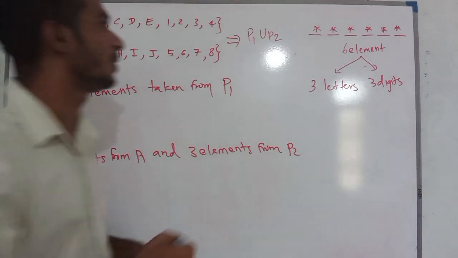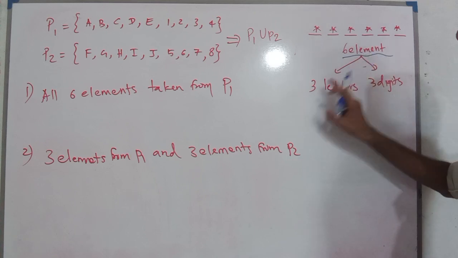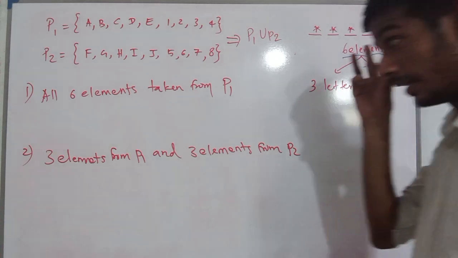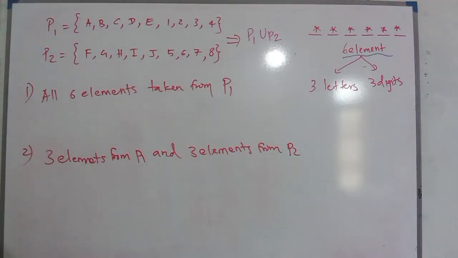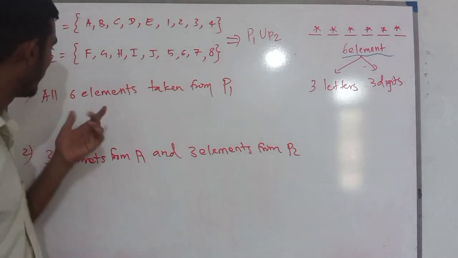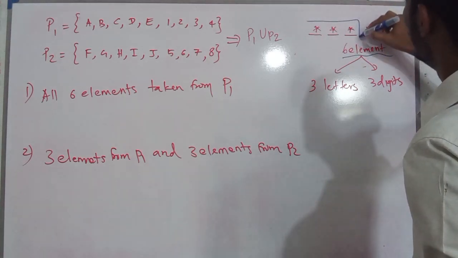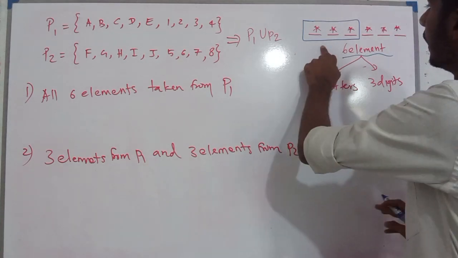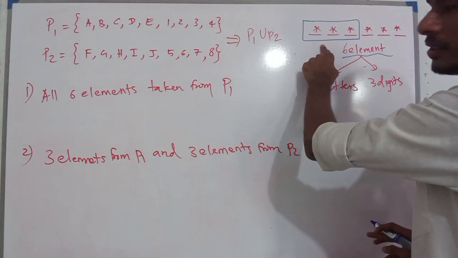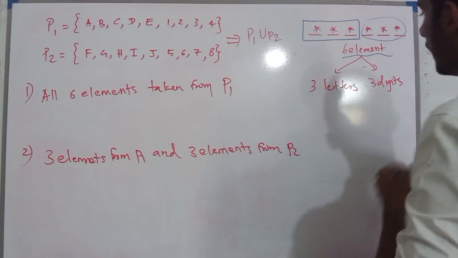So with elements you have to be very careful. The elements contain letters and digits. An element can be either a letter or a digit, right? Now all the elements taken from P1. Let's say the first three elements of the password that we are generating may be letters and the rest three elements may be digits.